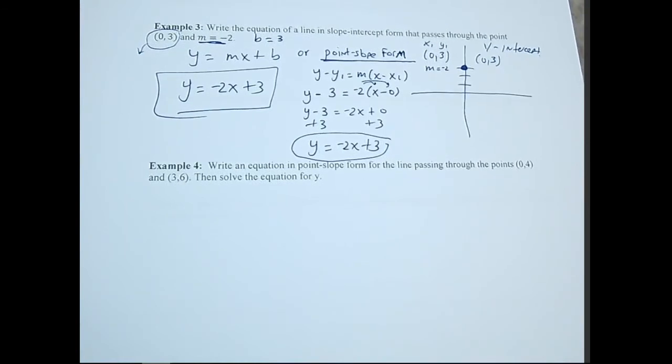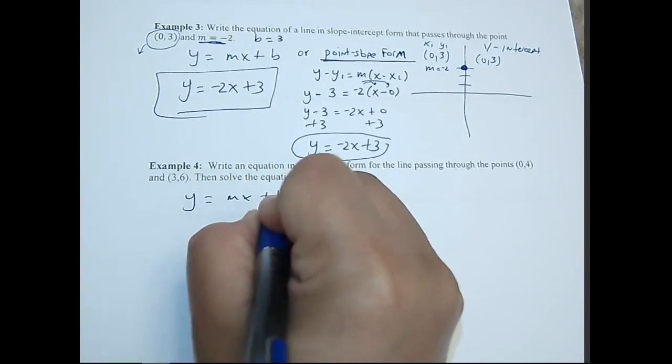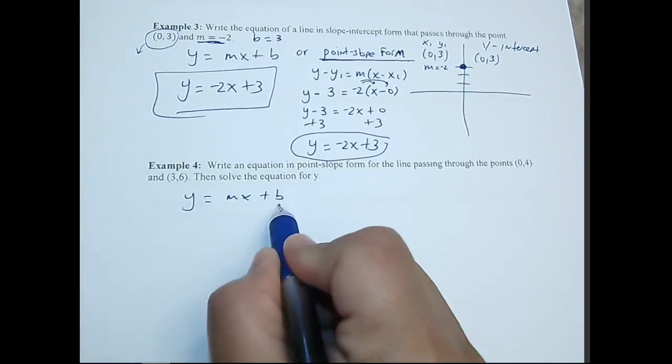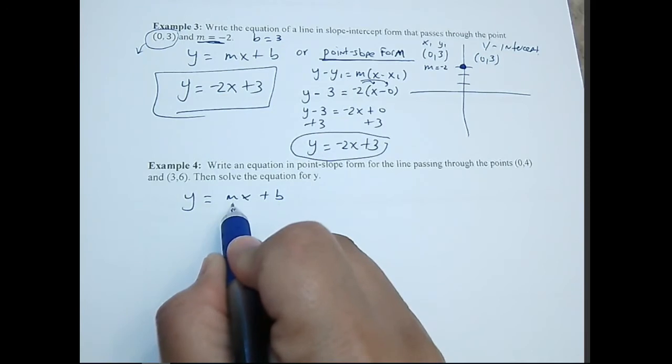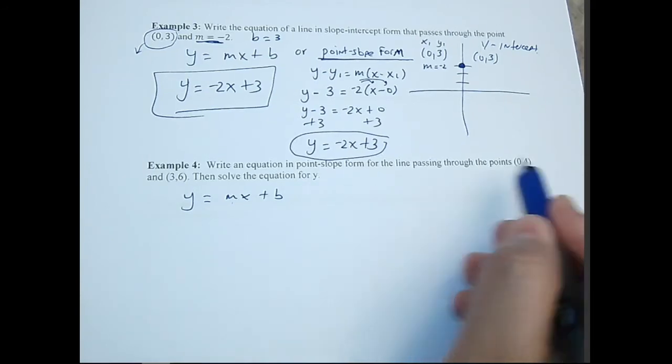Write an equation in point-slope form for the line passing through points (0, 4) and (3, 6). Then solve the equation for y. So if I start off by writing this form, I know that I need to get an m and a b. So I ask myself, do they give me m? If I look at the problem, there's no m here, but they give me 2 points.